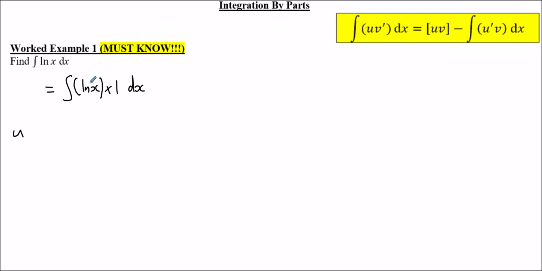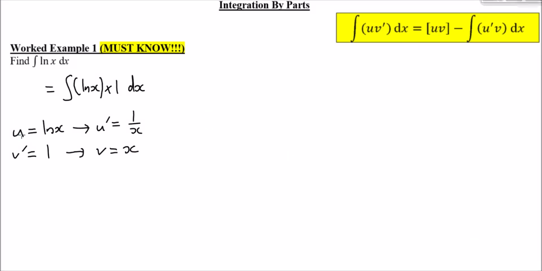But because L for logs comes first, and we have a natural log here, we just set that as our u. Therefore, v dashed is forced to be 1. So now, if we differentiate the ln function, we get u dashed as 1 over x. And if we integrate the constant 1, that of course will give us x back.